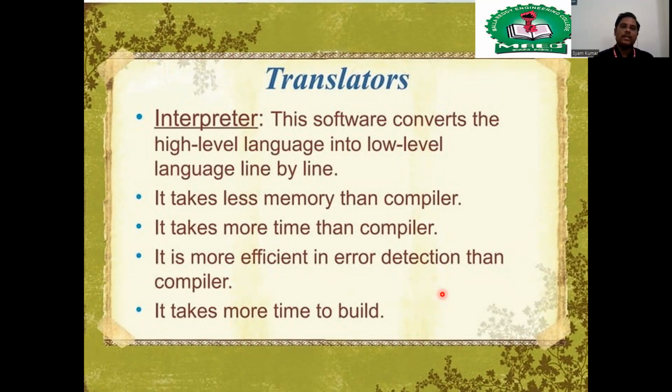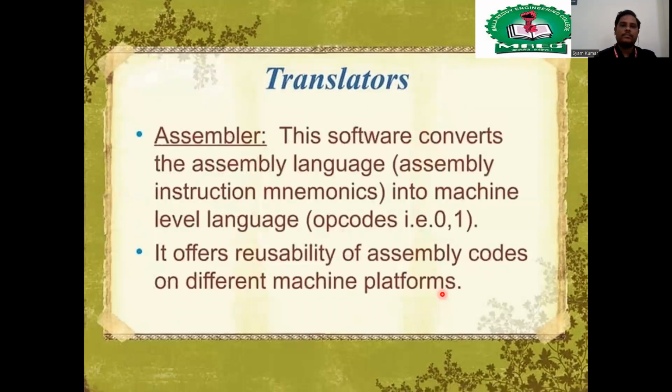It is line by line compilation, not the entire program at once. That is a very important difference. The interpreter takes more time to build, while the compiler takes less time to compile your program. That is the main difference between compiler and interpreter.